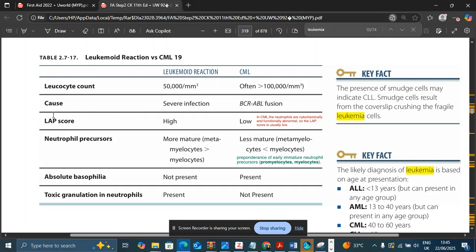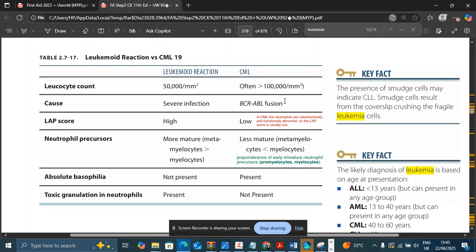In leukemoid reaction, the cause is infection. In CML, there is a 9;22 translocation between BCR and ABL proto-oncogene, which is called the Philadelphia chromosome. The leukocyte count in leukemoid reaction is around 50,000. In CML, the leukocyte count is very, very high, more than 100,000.